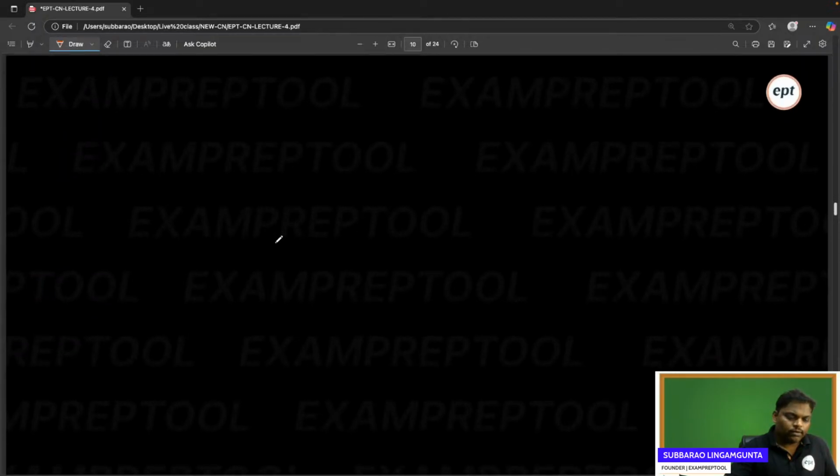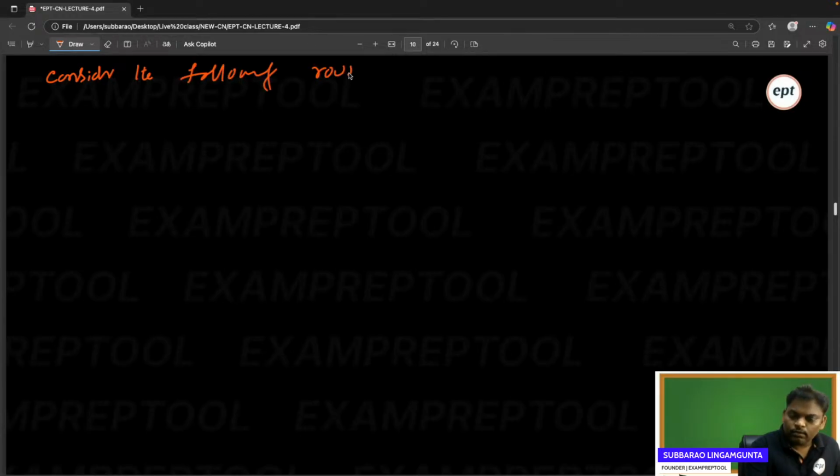Consider the following routing table. See how the routing table looks: Net ID, subnet mask, and interface.